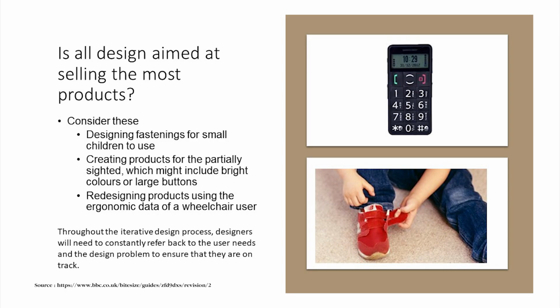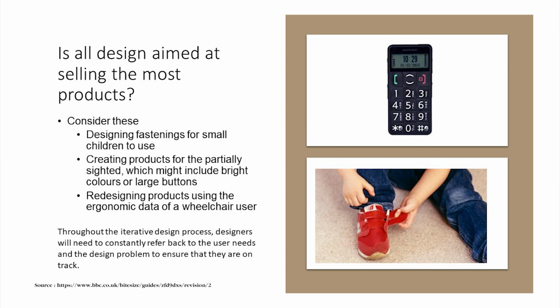So you may, for instance, take the ergonomic data of a wheelchair user and redesign products. Okay, so you take the data of a single wheelchair user and redesign the wheelchair for that one person. So that is not design aimed at selling the most products, right? So that is design that is aimed at a single wheelchair user.